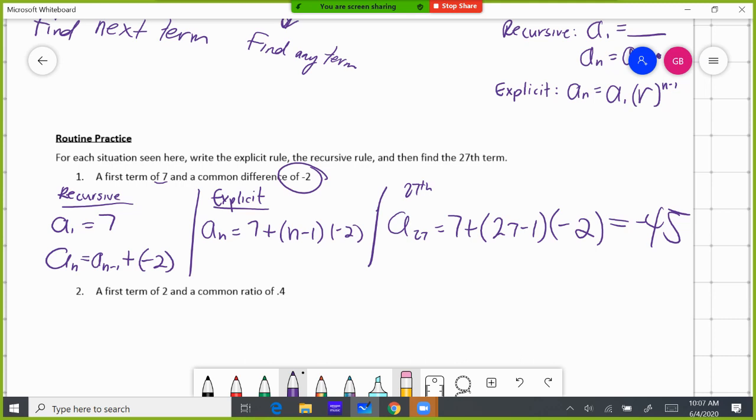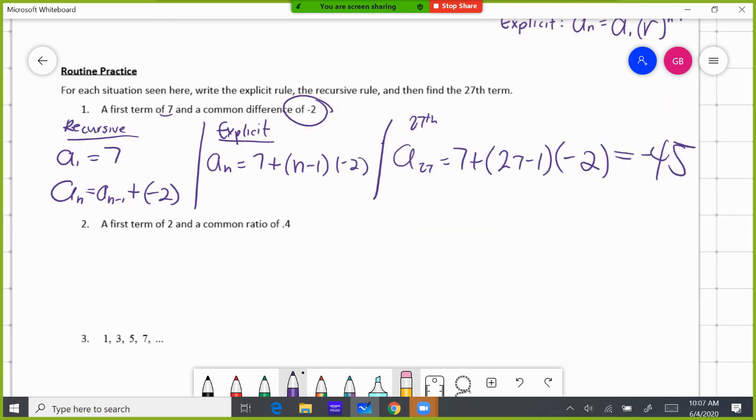For number 2, a first term of 2 and then a common ratio of 0.4. So that one, since we have a common ratio, it's going to be geometric. So once again, the recursive formula, state the first term, to find the next term, use the previous term, and you multiply by the common ratio, which is 0.4.